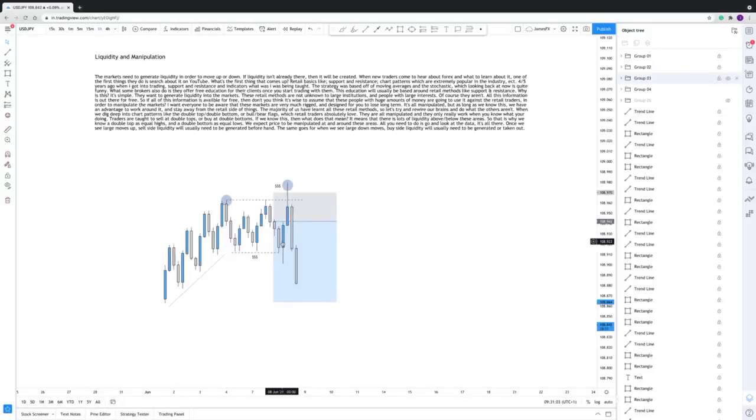Before price came back up to take this liquidity here, we had equal lows down here, and you can see we spiked below. So essentially, we actually took liquidity from the sell side, from anyone looking to sell a breakout from this double bottom here.